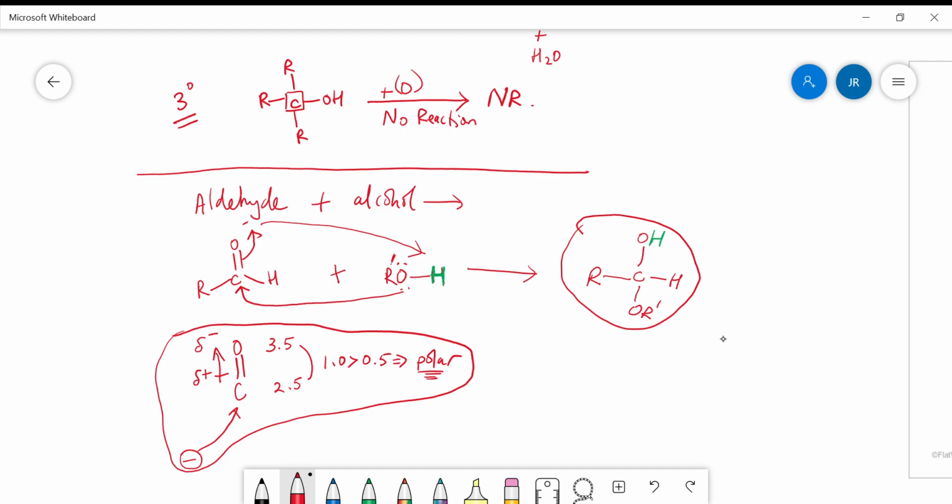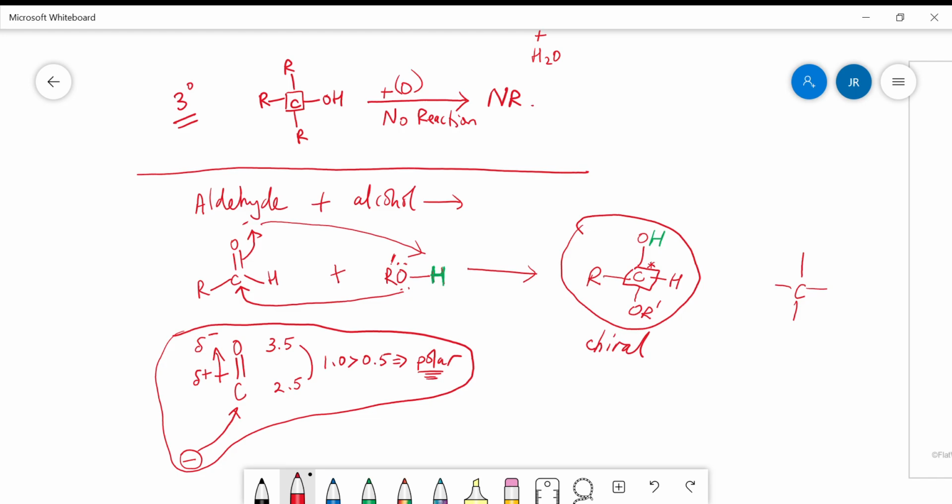We notice we have a carbon in the center. First of all, it's chiral. So that's one thing we should point out. It's chiral because I've got a carbon with four different things, so I should label that with an asterisk. I've got a chirality center. R is different than OR, is different than H, is different than OH.